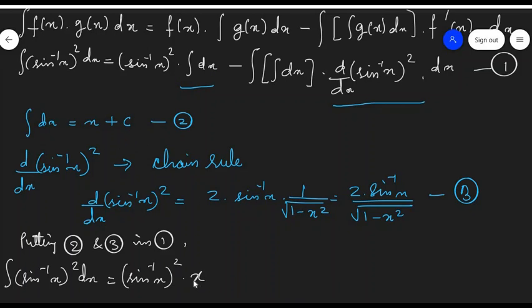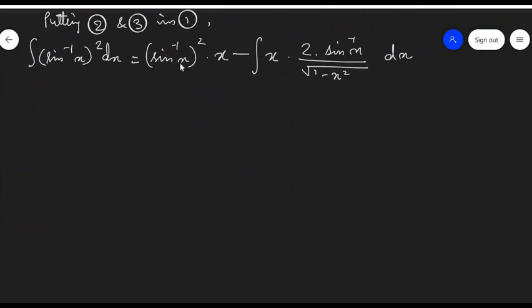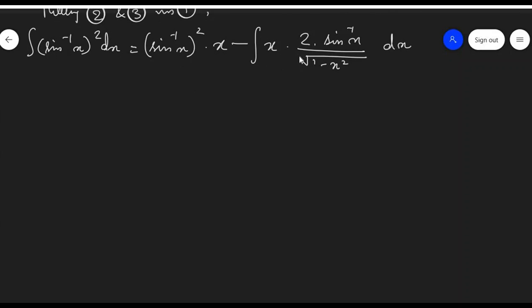So I am simply writing x minus the integration of dx, which is x from equation 2, into d/dx of (sin⁻¹x)², that is 2 into sin⁻¹x upon the square root of 1 minus x², and dx. We need to perform integration one more time. So we need to calculate the integration of x into 2 sin⁻¹x upon the square root of 1 minus x².